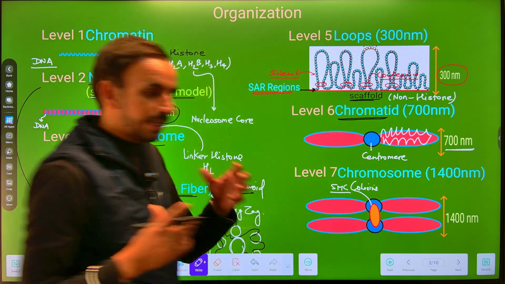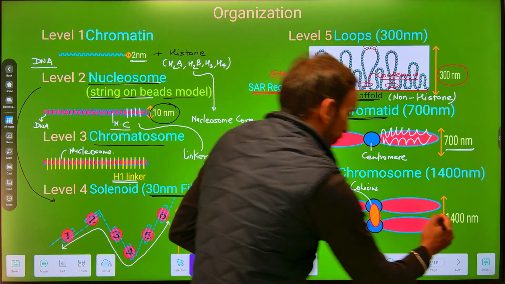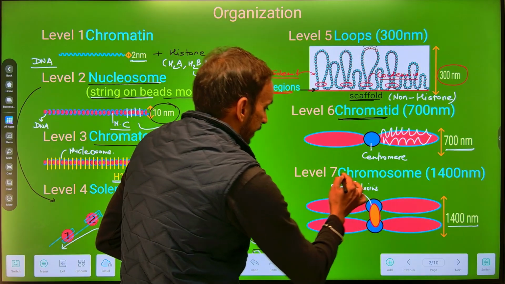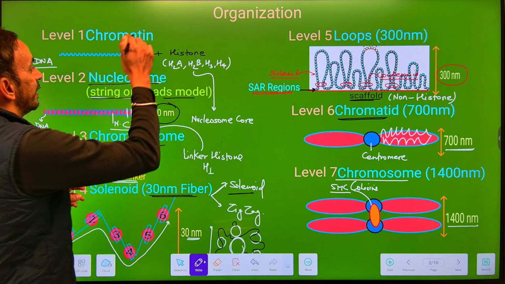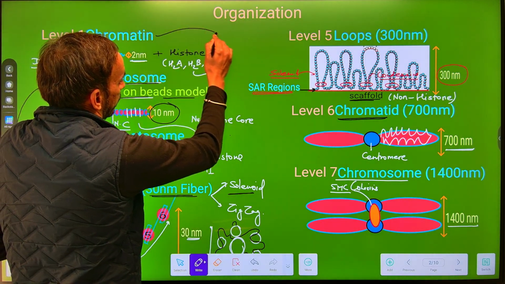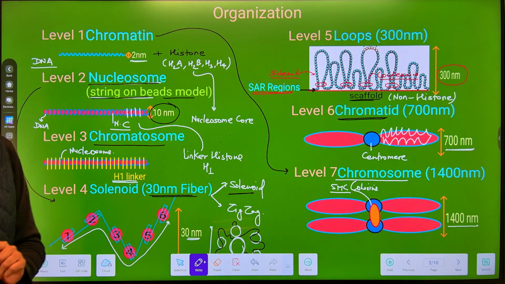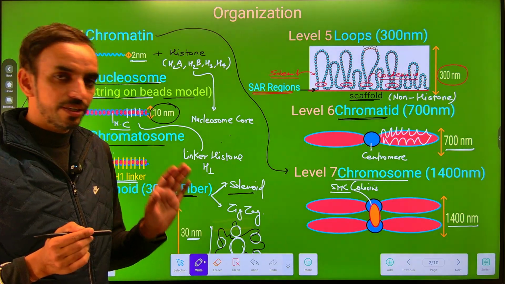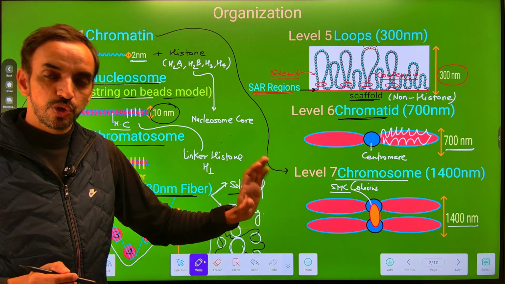Through the cohesins they interact with each other, leading to the formation of a 1400 nm fiber that is known as the chromosome. So in this way we can say there is a conversion of this 2 nm fiber into the 1400 nm fiber, which is known as chromosome, or we can say there is a conversion of chromatin into the chromosome.